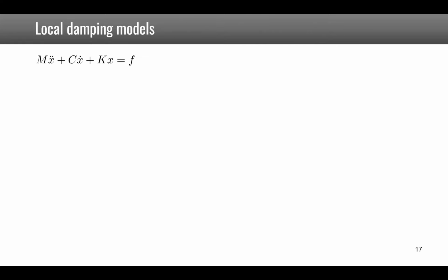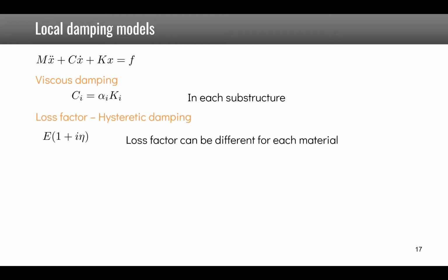In finite element codes, it's also possible to specify local damping models. So the idea is that you can use viscous damping with a different coefficient alpha in each substructure. You can also use a loss factor with hysteretic damping with a different value of eta for each material in your structure. In general, this will lead to non-proportional damping, so that psi transpose C psi is not diagonal.